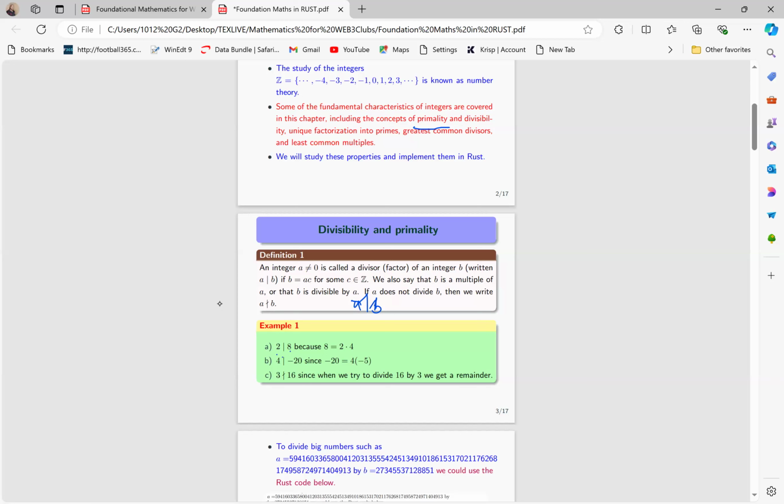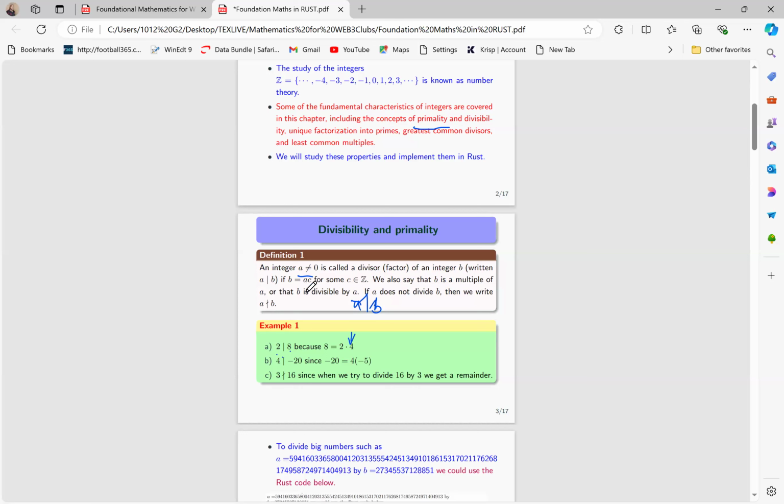The reason is we can find a number which, when multiplied by 2, the result will be 8. And that number A is supposed to be non-zero. So we say that a non-zero number A divides B if you can find another number C which, when multiplied by A, gives us B. Good, so we already looked at this.